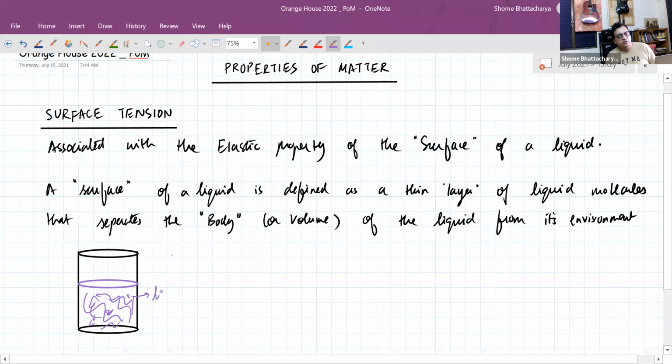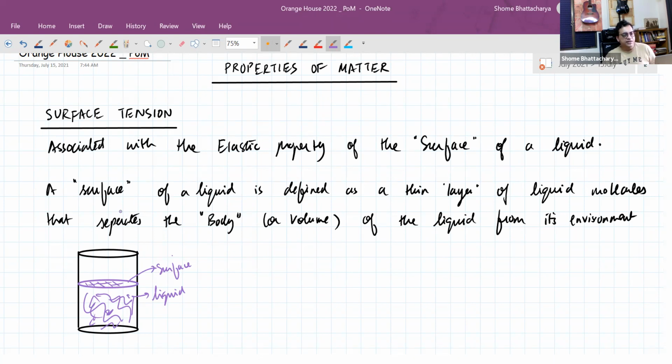This is a liquid, and this here, this is the surface of the liquid, because it separates the body of the liquid from the environment. It's the same chemical composition as the body of the liquid, same set of molecules, but it's a layer of molecules that acts like an interface between the environment outside, like in this case it would be atmospheric air, and the body of the liquid inside.